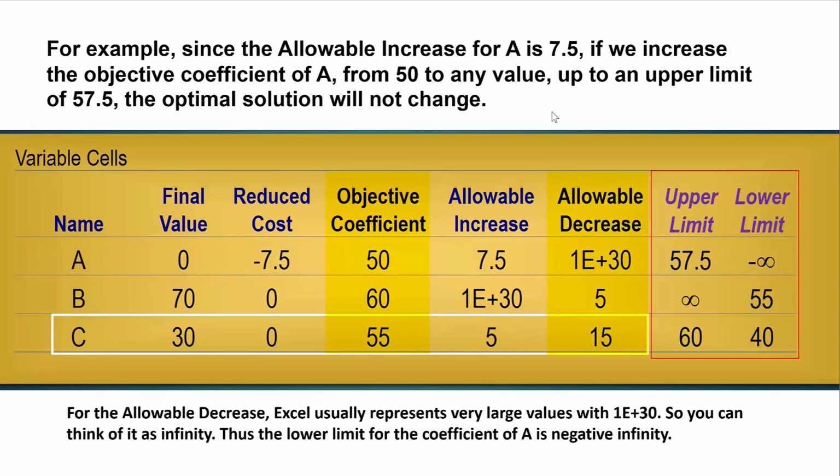Again, since the allowable increase is 7.5 and the objective coefficient is 50, if we increase 50 to any value up to the upper limit, 50 plus 7.5 equals 57.5, the optimal solution will not change.